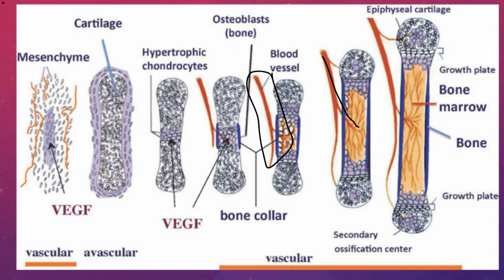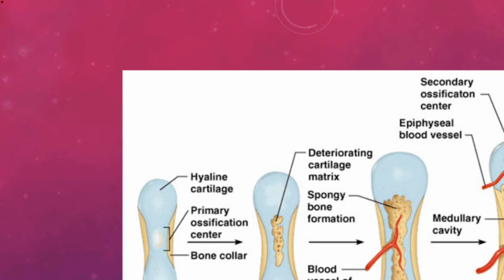And you can see that starting to infiltrate the bone here. And you start to see bone replacing the cartilage. And so you see that calcification happening along the epiphyseal ends, and you see it obviously all up and through the diaphysis. Let's see if I have another picture. Yes.